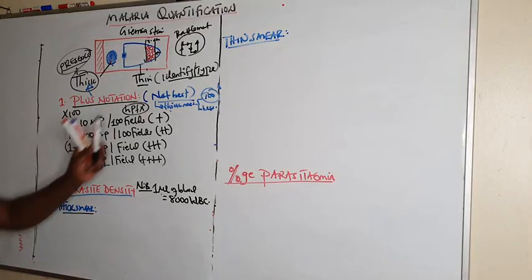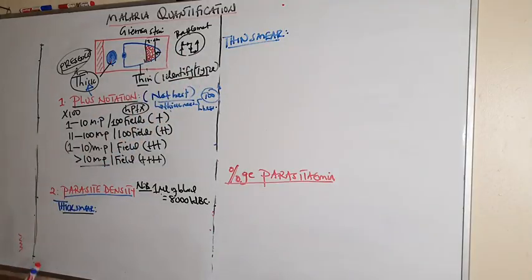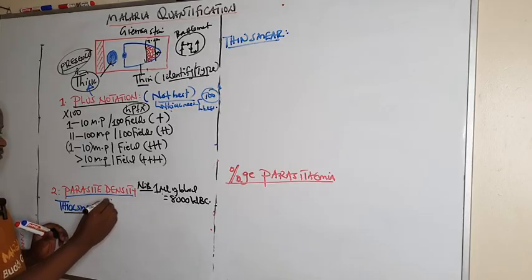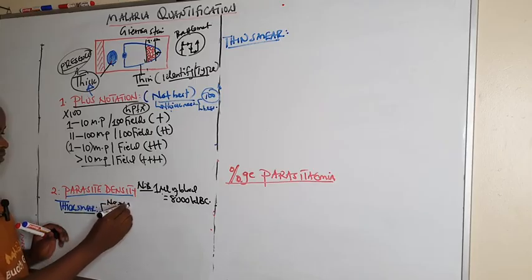So what we do, using the counting method, we are going to count concurrently the number of white BCs. At the same time, we count the number of malaria parasites.